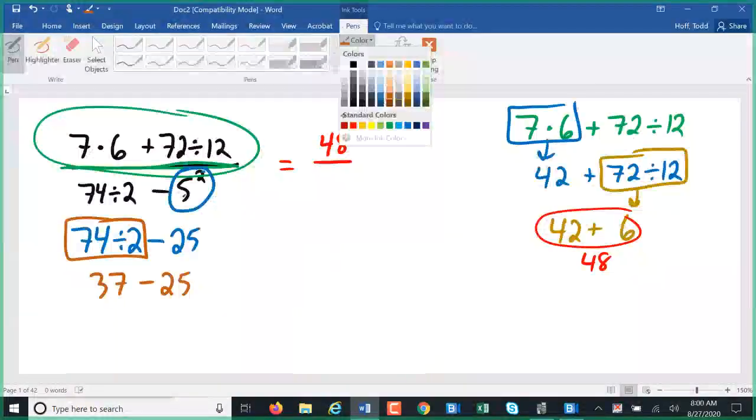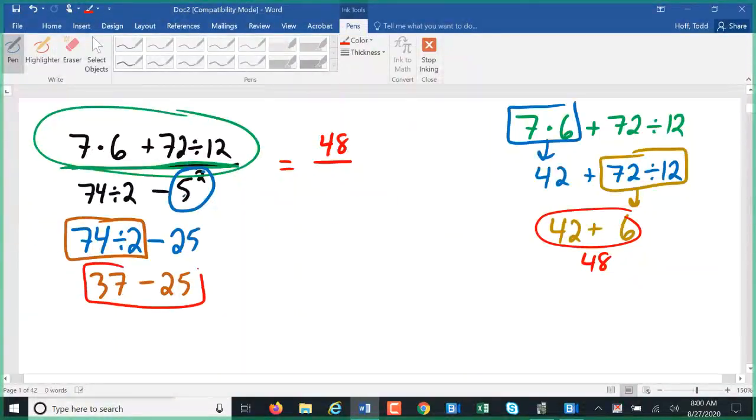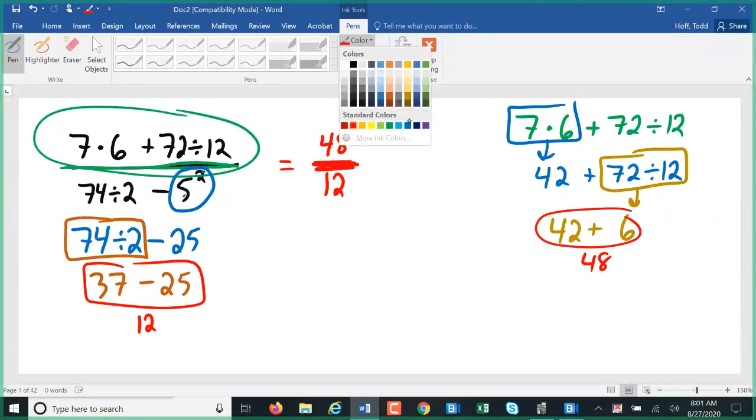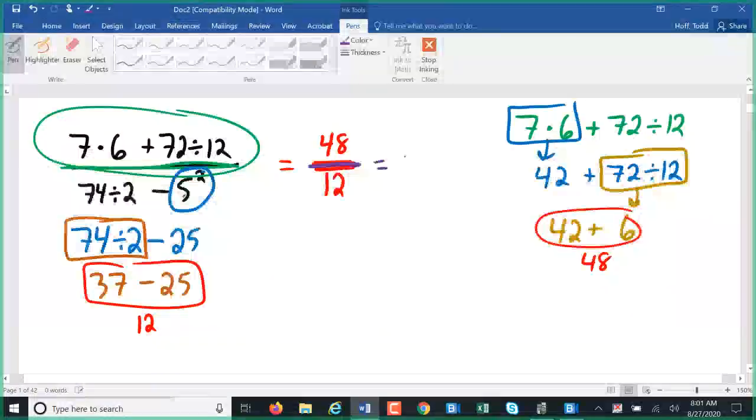And then, of course, we have 37 minus 25, which is 12. So the bottom part of that fraction comes out to 12. Now that we have completed everything on top and everything on bottom, now we can do that division. 48 divided by 12 gives us 4.